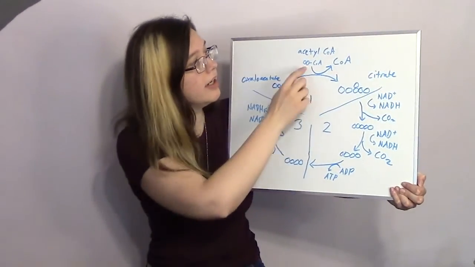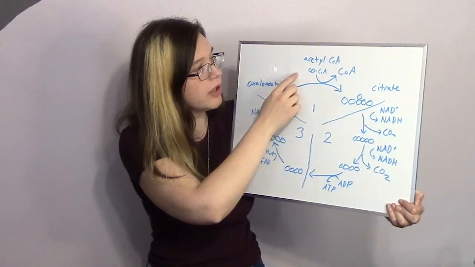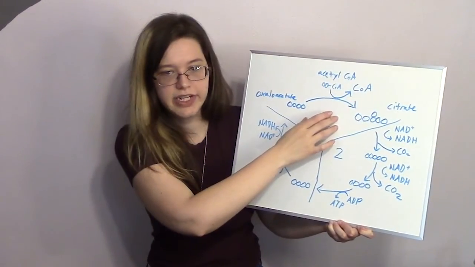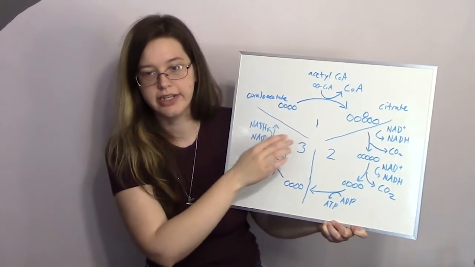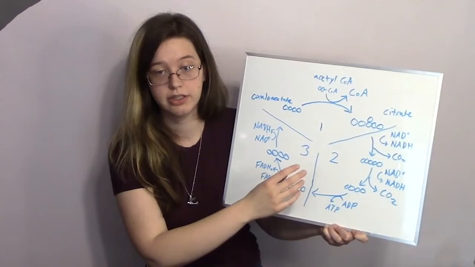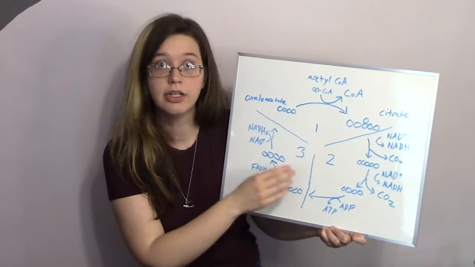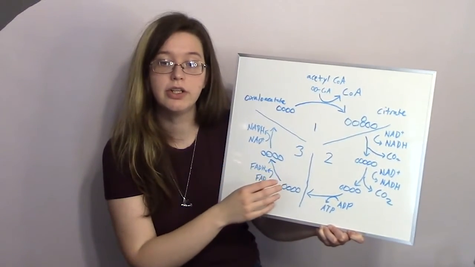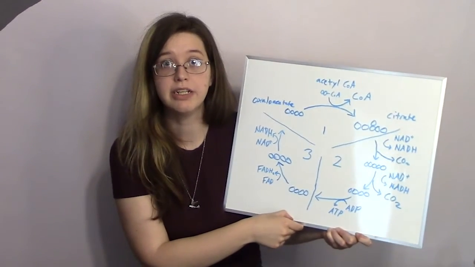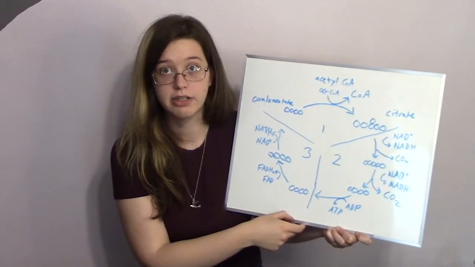Now, the CoA from acetyl-CoA goes away during this time. After this first phase, where oxaloacetate and acetyl-CoA make citrate, then we get to the next section. In this section, citrate rearranges and it decarboxylates. That's a fancy term which means it loses the carbon.